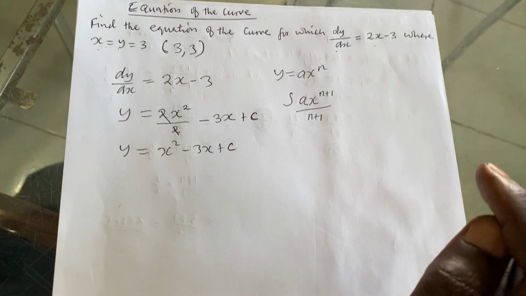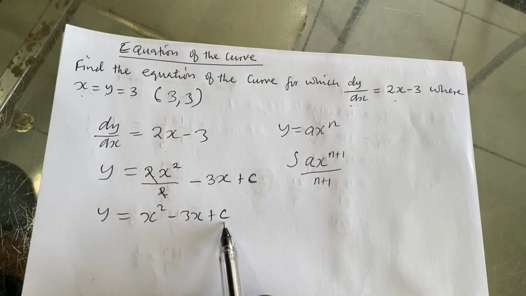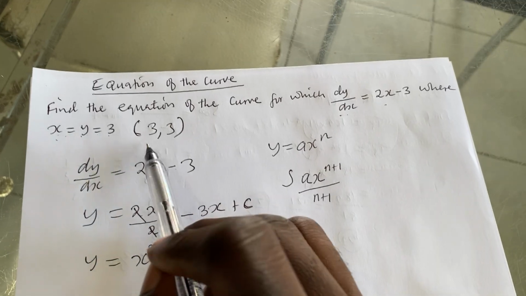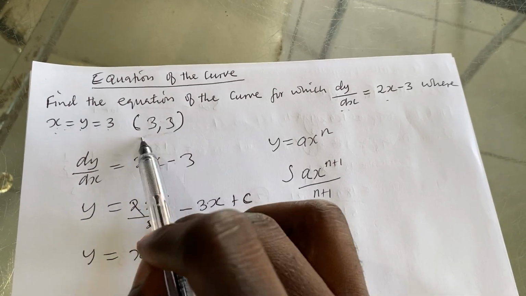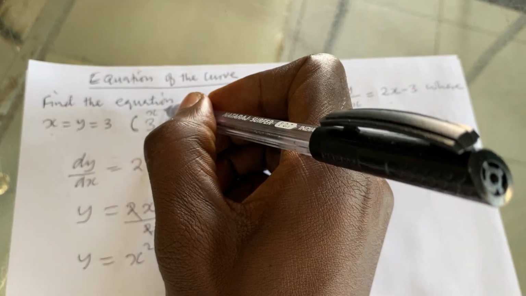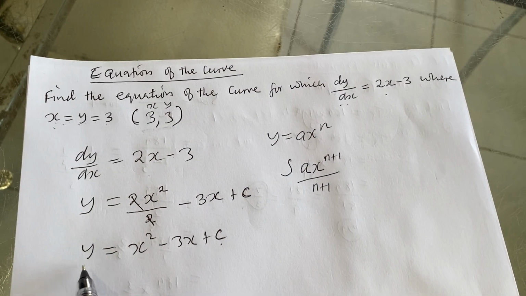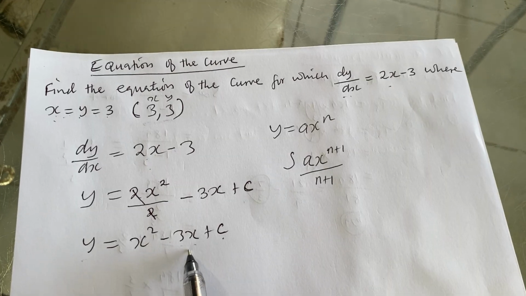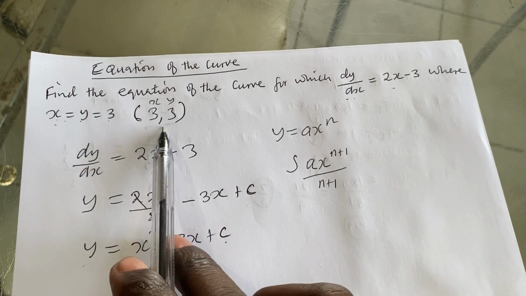Now your job here is to find c. How do we find c? Very easy. We have these coordinates: this is your x, this is your y. In this equation, where there's x and y, you are going to substitute 3.